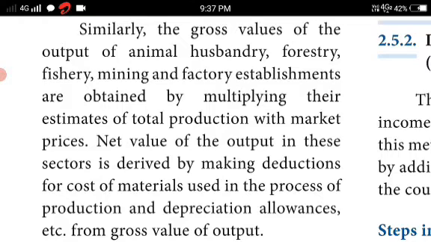The estimates of the total production are multiplied with market prices only. The net value of the output in these sectors, animal husbandry, forestry and like that, is derived by making deductions for the cost of materials used in the process of production and depreciation allowances, etc.